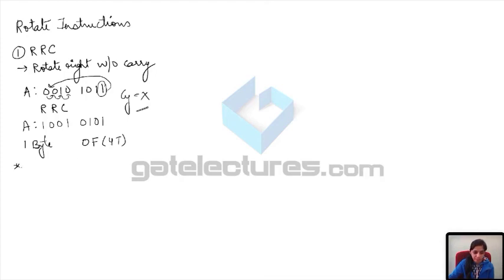So basically what RRC is doing is performing a divide by 2 operation. Since every bit shifts down in its place value by 1, this is performing a divide by 2 operation. Fine. Similar to this, we have a left shift operation, RLC, which is rotate left without carry.